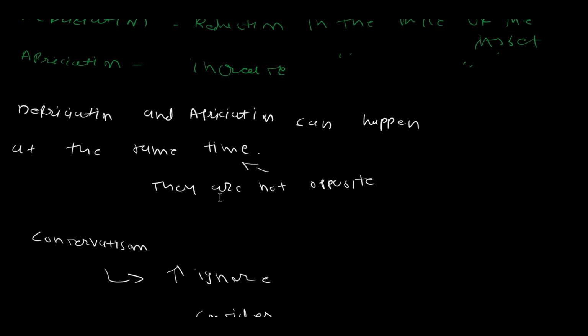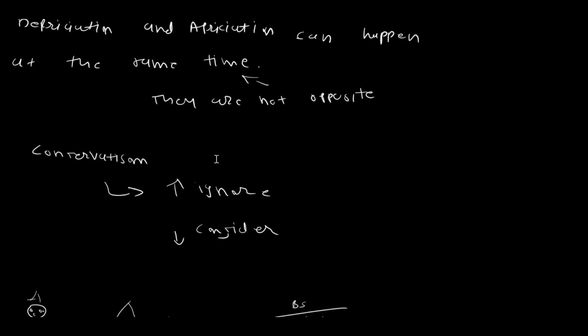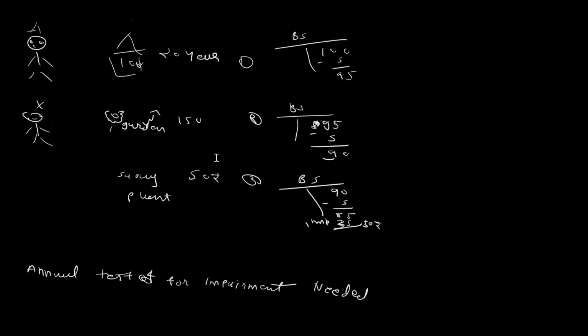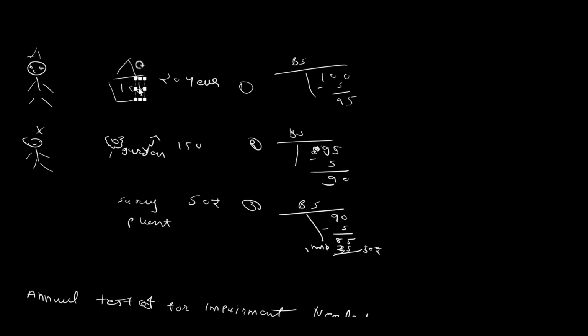I will explain this with an example. Let's take an example. There is a Mr. A who buys a building for rupees 100 from Mr. X, a broker, and he will charge depreciation over a 20-year period on the same reducing basis.